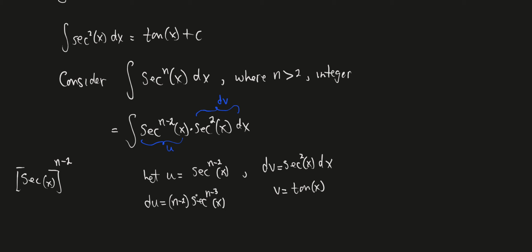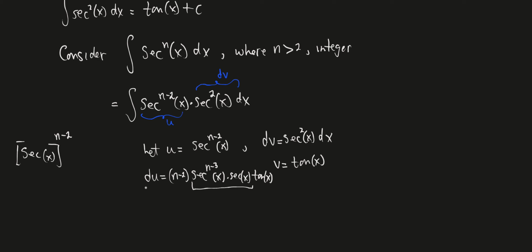But then the chain rule says I have to multiply by the derivative of what's inside. Well, the derivative of secant is secant x tangent x, right? So look at what we have here. We have secant raised to the power n minus 3 times a factor of secant that's raised to the first power. So when we add those powers, here is where we end up, right?